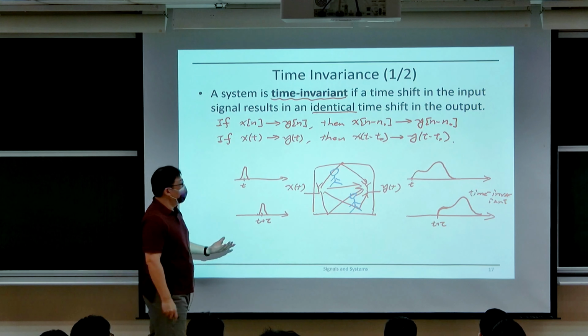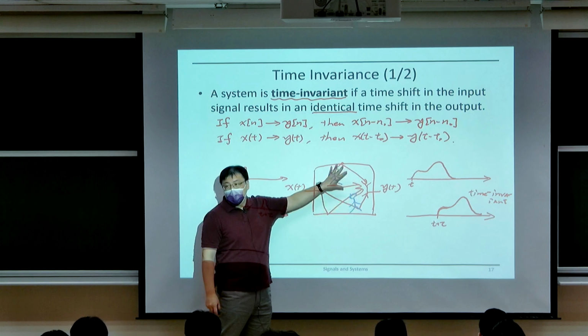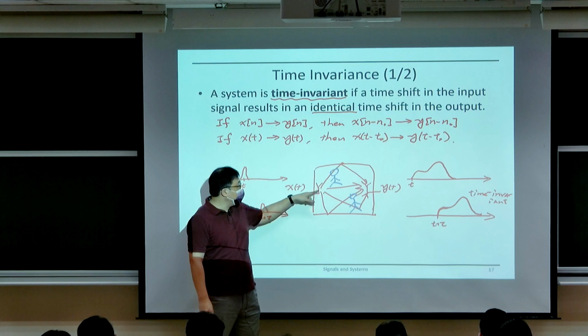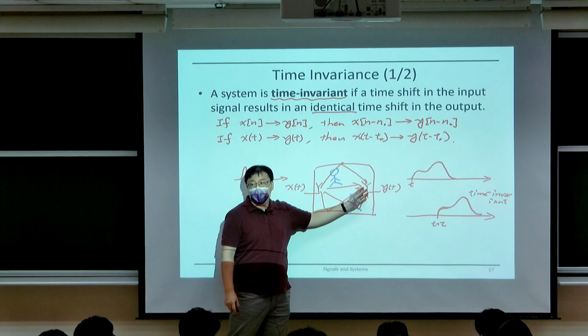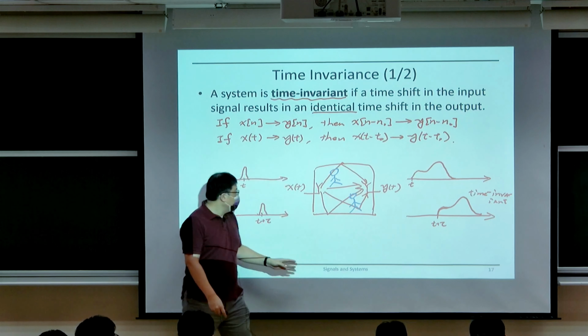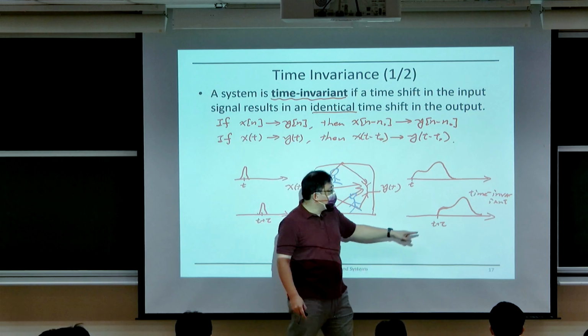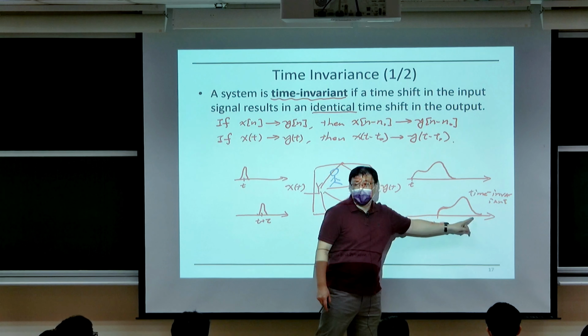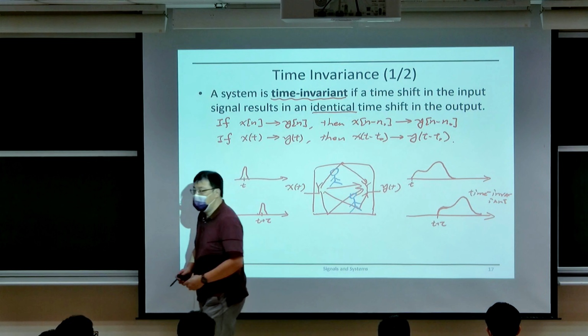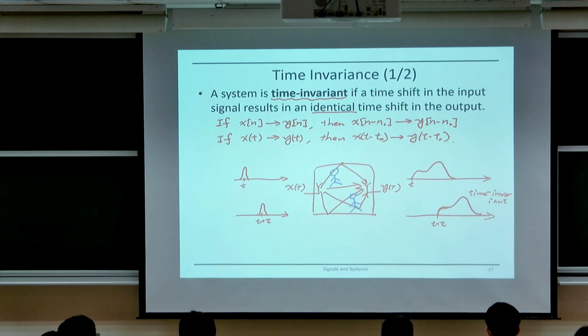So in that case, the position of these two people may affect how this signal is reflected inside. So then when you insert the signal input at a different time, you would expect to observe something that is different, instead of just a time delay, right? So you may instead observe something like this, right? And if that is the case, then you say that the system is time varying.